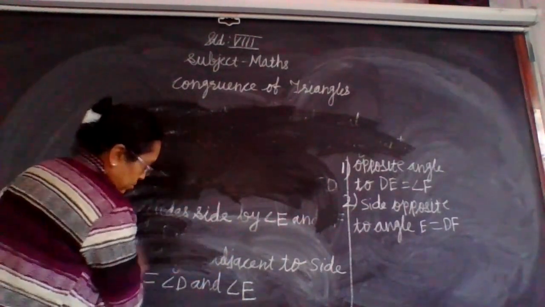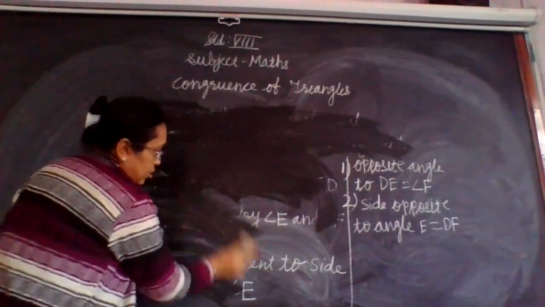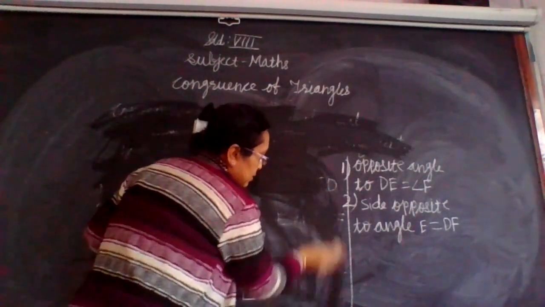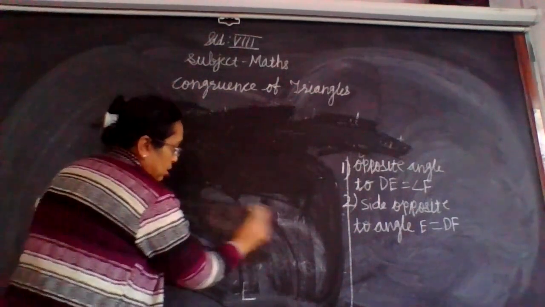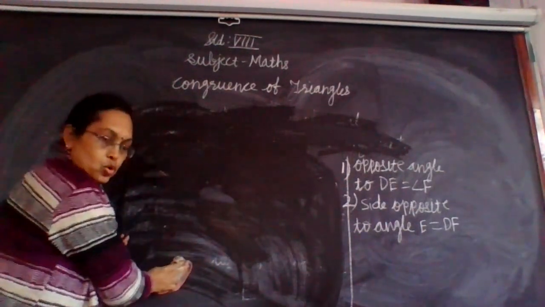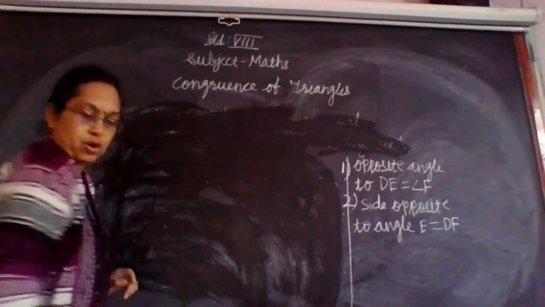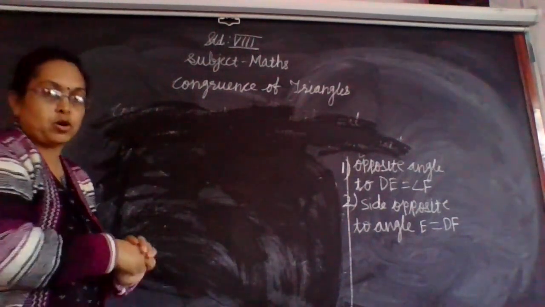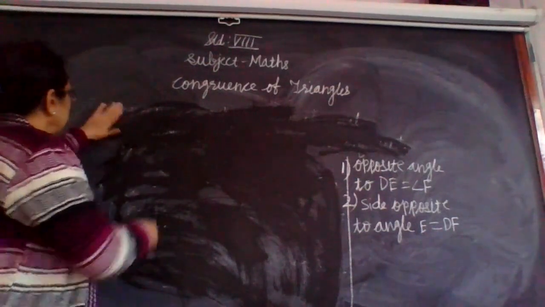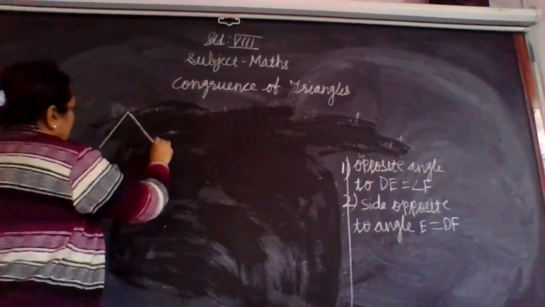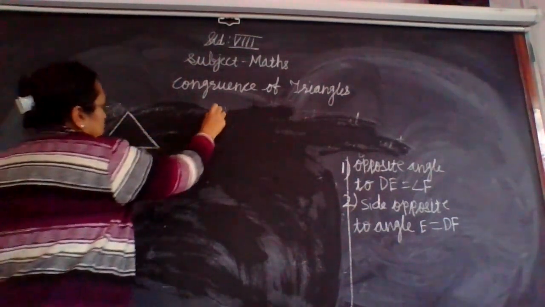Because congruence is comparing two figures, and here we are comparing two triangles, in that case we have to see correspondence also.